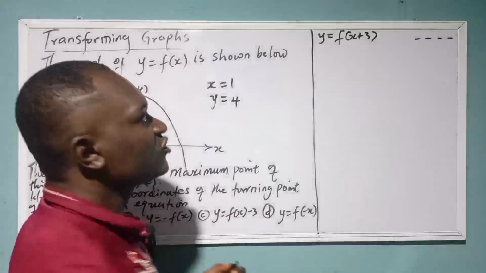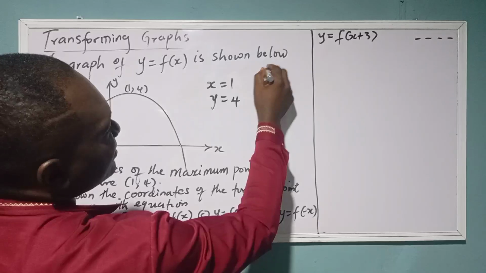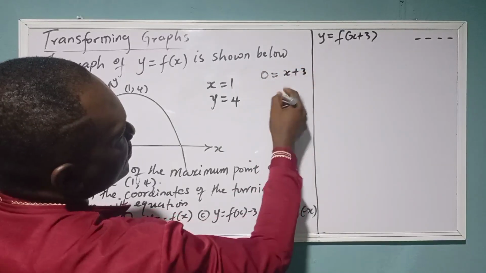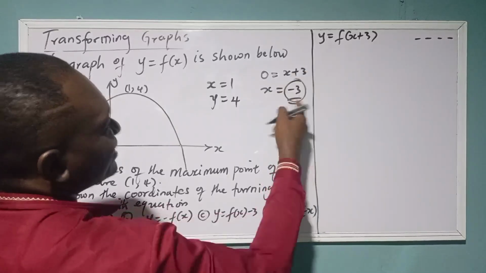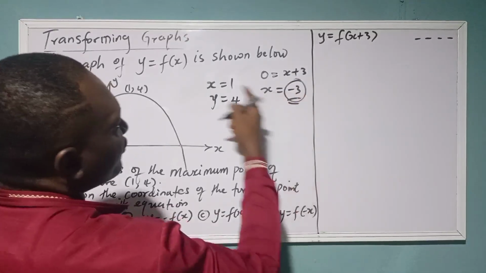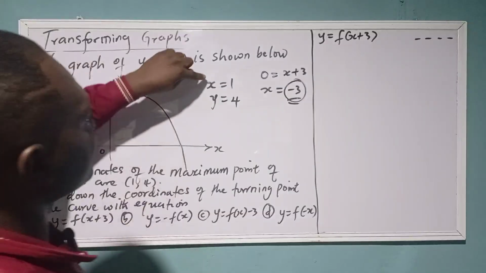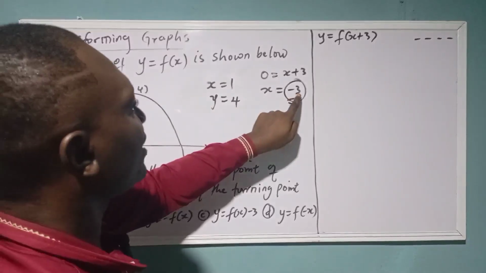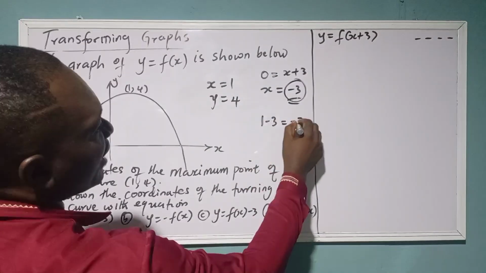The way I used to make students understand this is, imagine that y is 0 and then you have x plus 3. That means x will be equal to minus 3. So you can see that you take away 3 from the value of x. If x here is 1 and I'm taking away 3 from it, I'll have 1 minus 3, which gives me minus 2.